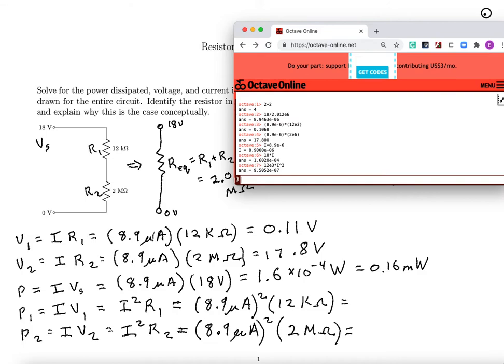This is a very small number. 0.95 times 10 to the minus 7 watts, or 0.95 microwatts.